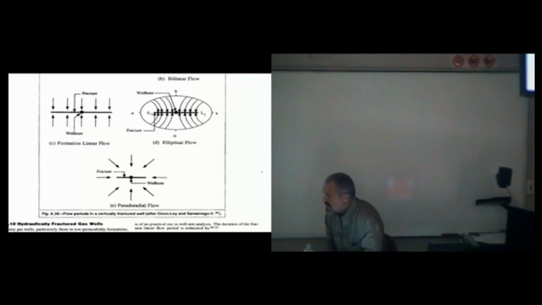So you never have an elliptical pseudo rate? Correct. I've studied probably a dozen multi-frac horizontal wells, reservoirs. Barnett, Haynesville, Eagle Ford, Woodford, Bakken, Pouce Coupe, Niobrara, Montney.